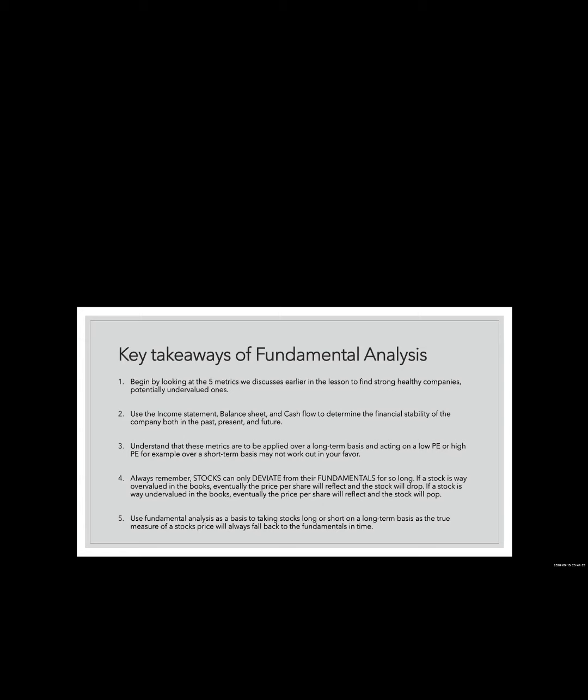Understand that these metrics are to be applied over a long-term basis, and acting on a low PE ratio or a high PE ratio, for example, over a short-term basis may not work out in your favor. So everything that I talked about today is about long-term. Short-term doesn't mean anything when you're looking at the fundamentals.